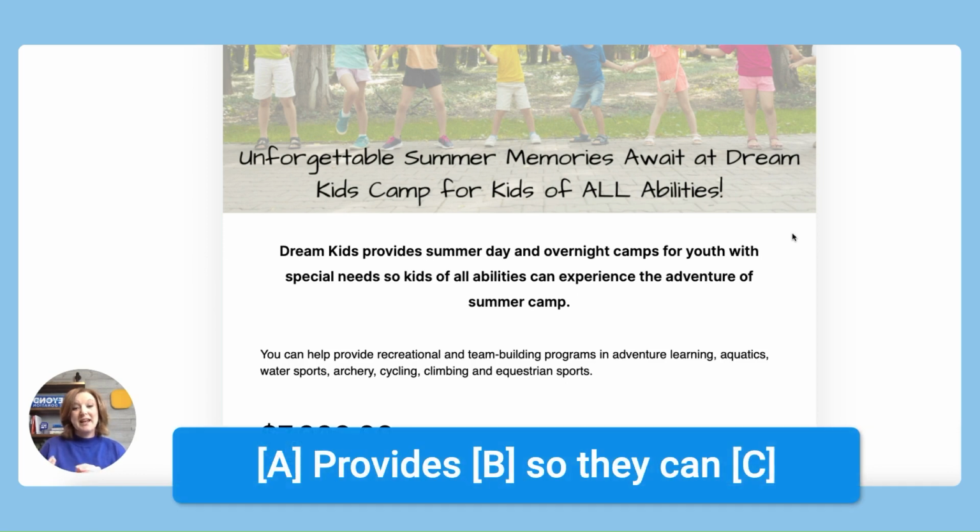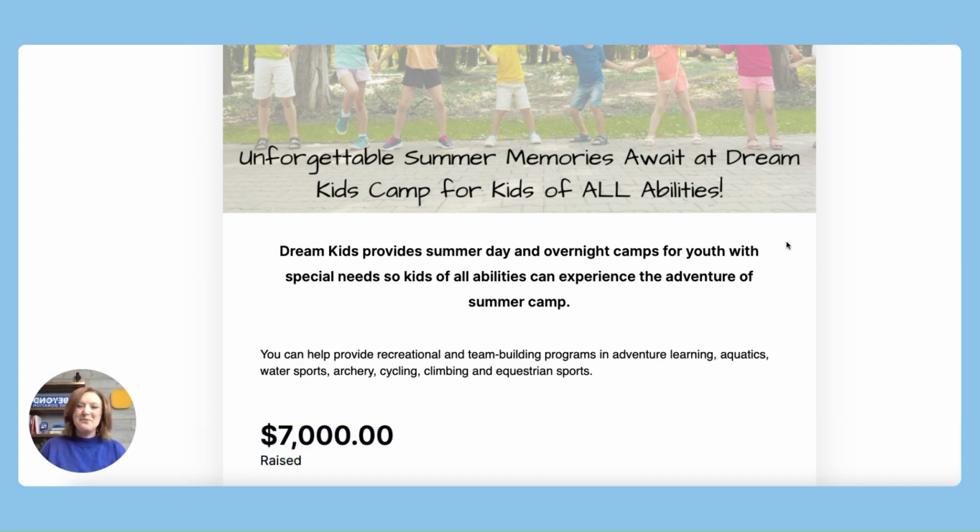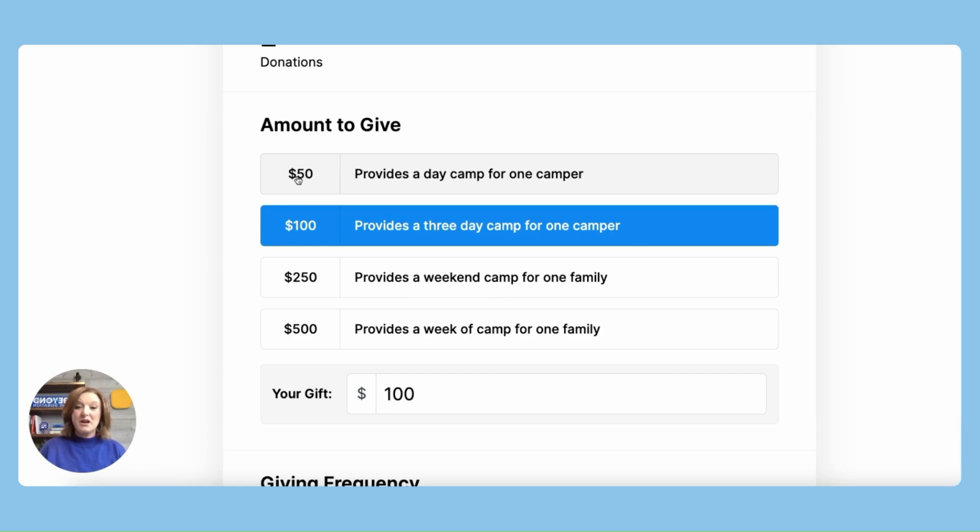So you can see that A provides B so they can C. In our example, we have Dream Kids provides summer day and overnight camps for B, youth with special needs, so C, kids of all abilities can experience the adventure of summer camp. You're really tying your mission and your impact statement to the gift that your donor is giving. So in our example, $50 provides a day camp for one camper.